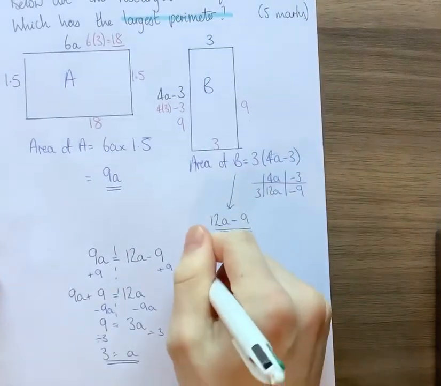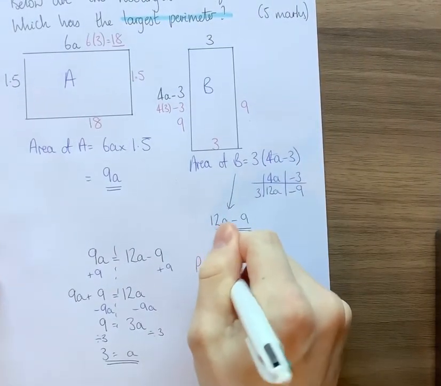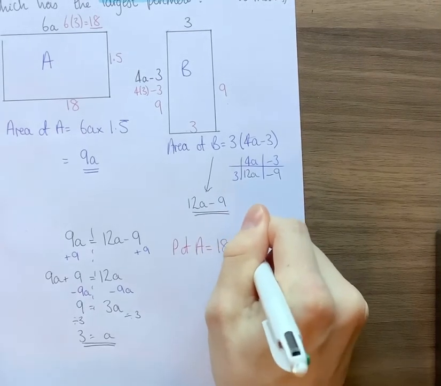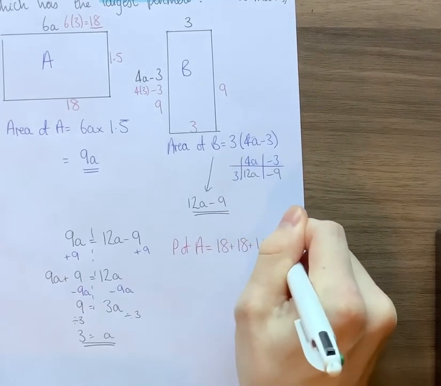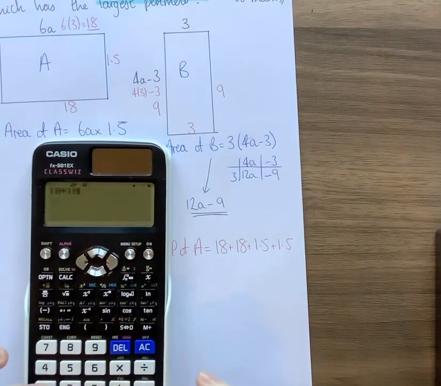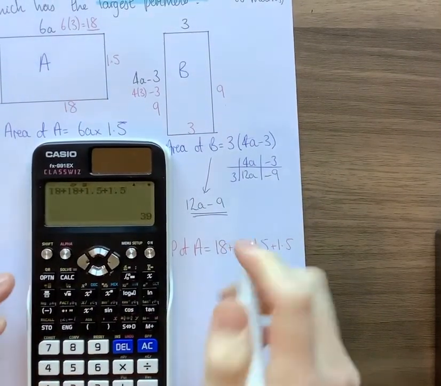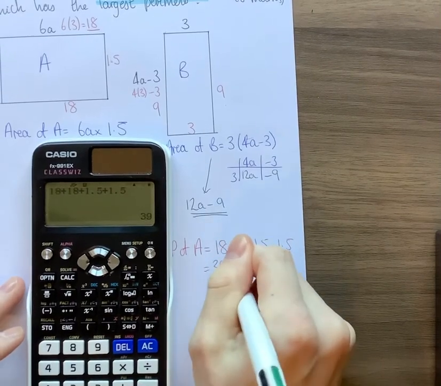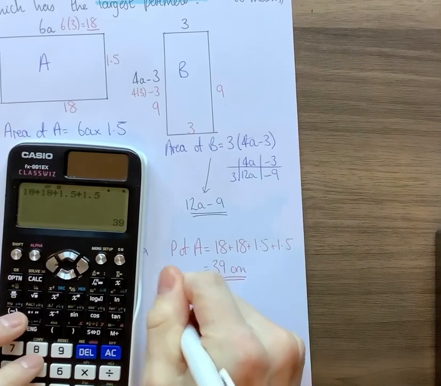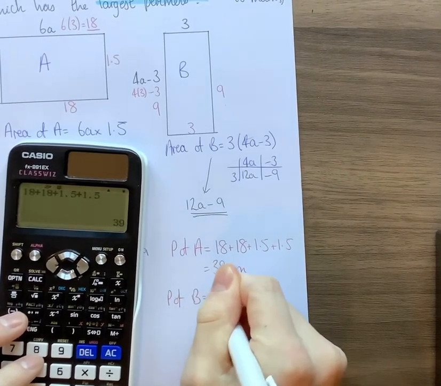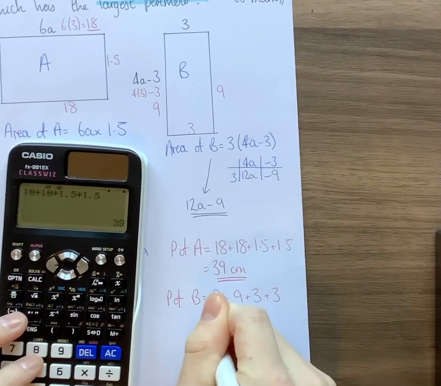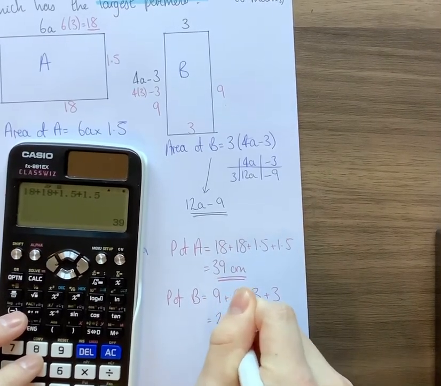So if I want the perimeter of A, I'm going to do 18 plus 18 plus 1.5 plus 1.5. So I can type that in just for ease. 39. Again, centimetres because it's a length rather than an area. Perimeter of B, 9 add 9 add 3 add 3. Well, I know that's 24 centimetres.